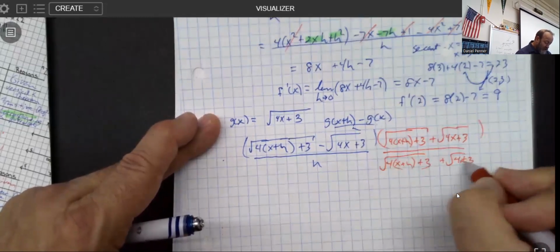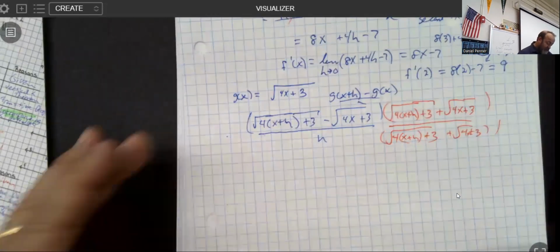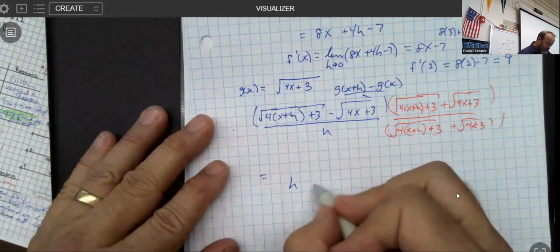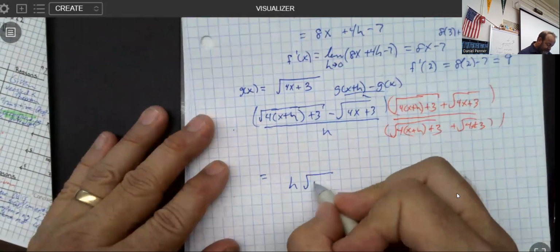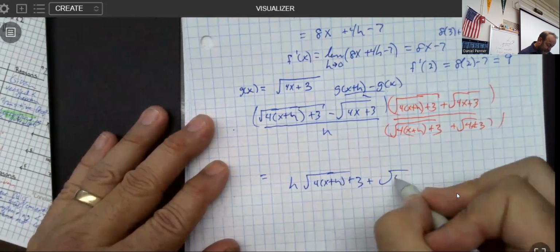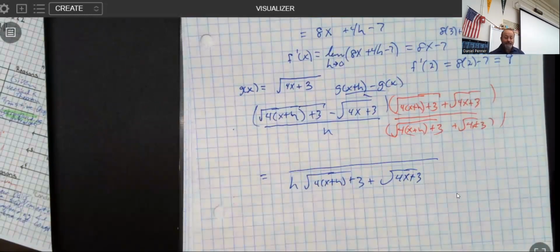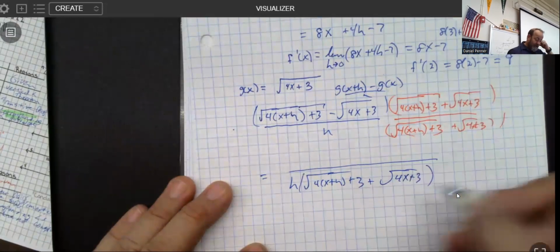And the nice thing is although it looks like it's going to be horrifying, it actually comes out pretty nice. So my denominator has my root. But my numerator is going to have some big stuff going on. I should put a parentheses around all of that.